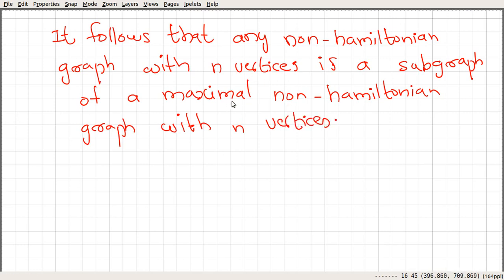This particular statement is just an observation. If you take any maximal non-Hamiltonian graph and take any subgraph of it, then you always get a non-Hamiltonian graph. That's very true.